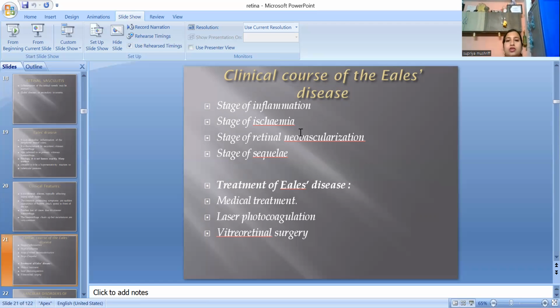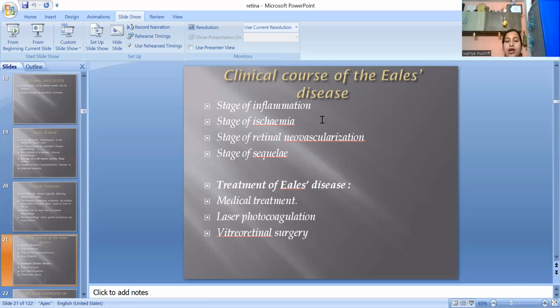Even if you detect a patient at the stage of ischemia, you will see vasculitis. At this stage also, there will be an incidental finding and the patient will never show up to the clinic by themselves. So if you ever see a patient with gross vasculitis, you should go for FFA to see the ischemia.